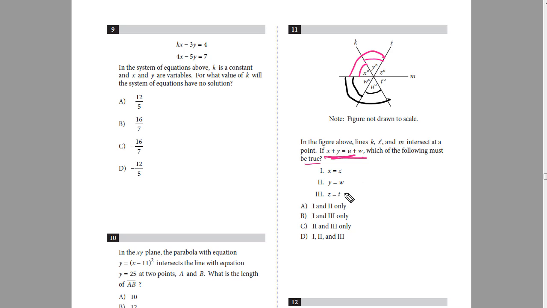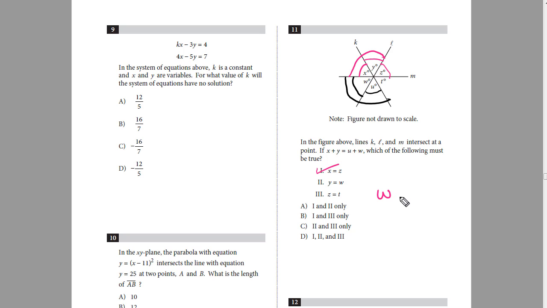Now it says x is equal to z, and z is equal to w, because they are vertically opposite angles, which means w will be equal to x. So y is equal to u and w is equal to x. So this equation is correct according to I.